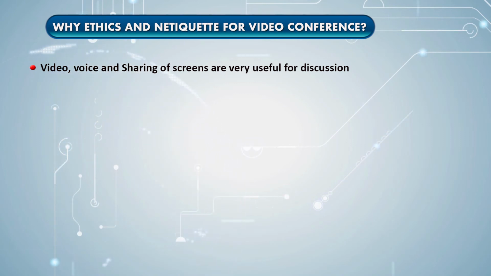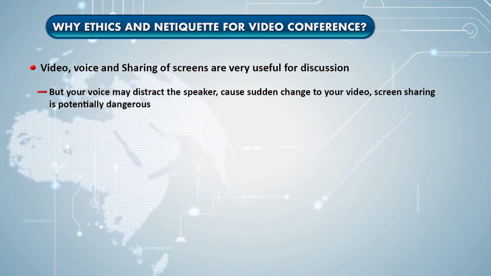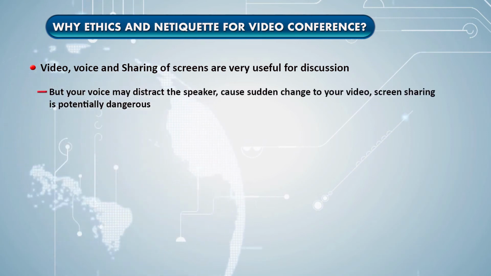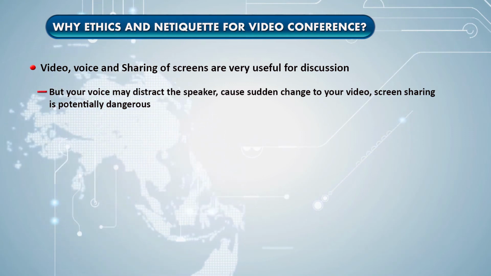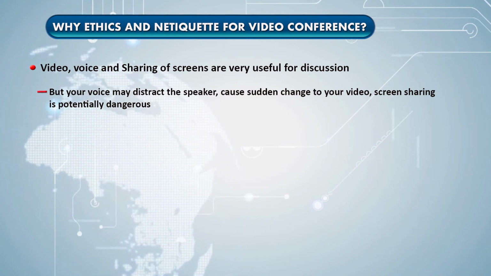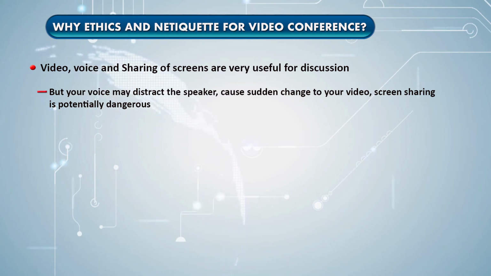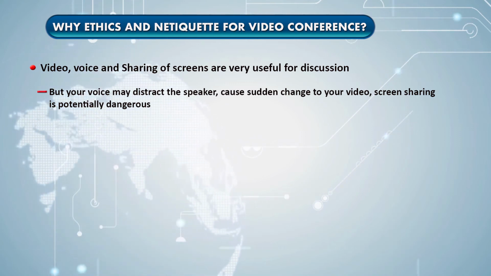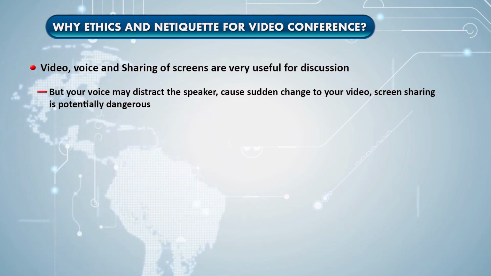For example, when we are dealing with video sessions, suppose somebody is speaking and in between another person starts speaking. Video conferencing is so sensitive to voice that it suddenly shifts focus from one person's screen to another person's screen, which may distract the speaker as well as listeners, causing changes in your video screens.